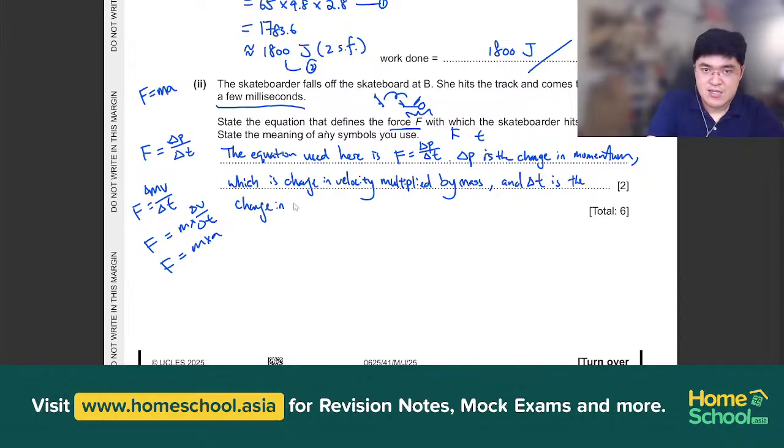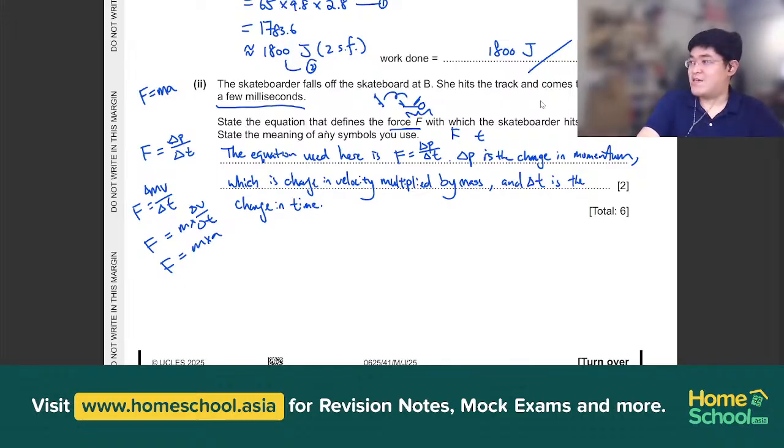So this question is not that easy to work out, but if you write down F is equal to delta P over delta T, and also mention that delta P is the change in momentum and delta T is the change in time, you get your first mark.